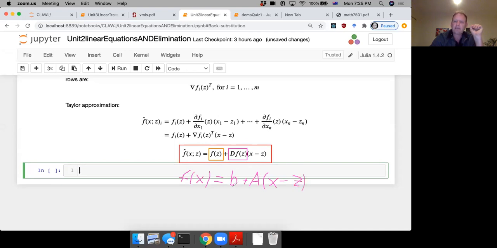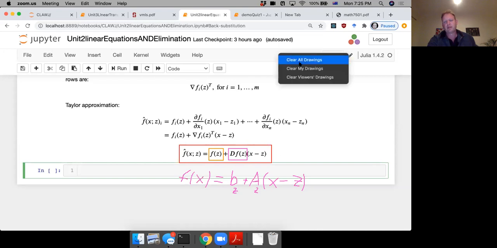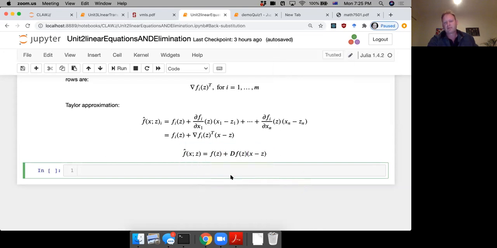Here A and b depend on z. But you see, you basically have a matrix A and a vector b. So from a bird's eye view, it gives you a feeling of how matrix algebra can fit into this world of smooth, continuous functions using this kind of Taylor approximation.